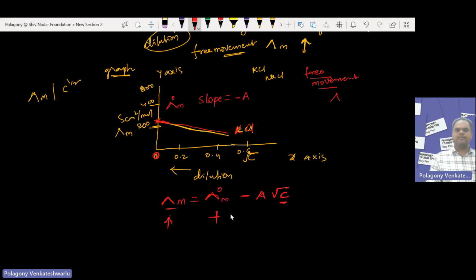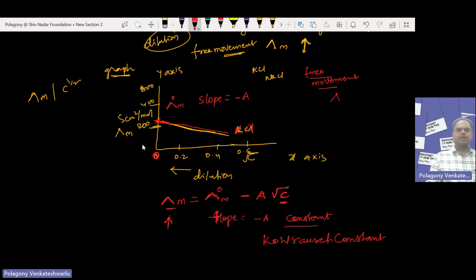If you plot the graph, the slope will be equal to minus a constant, which is called the Kohlrausch constant or coefficient.